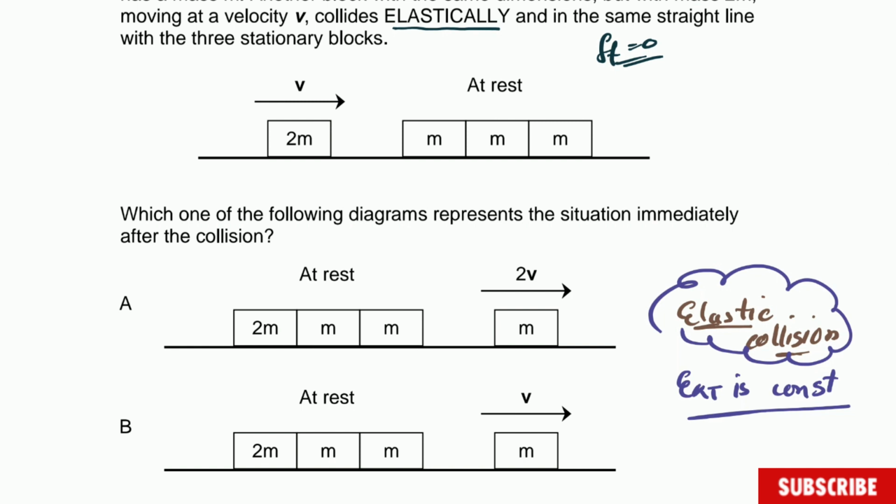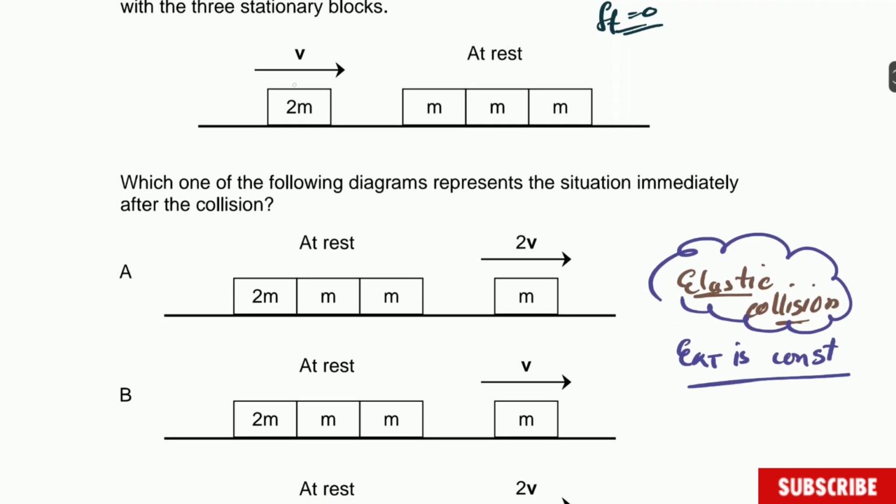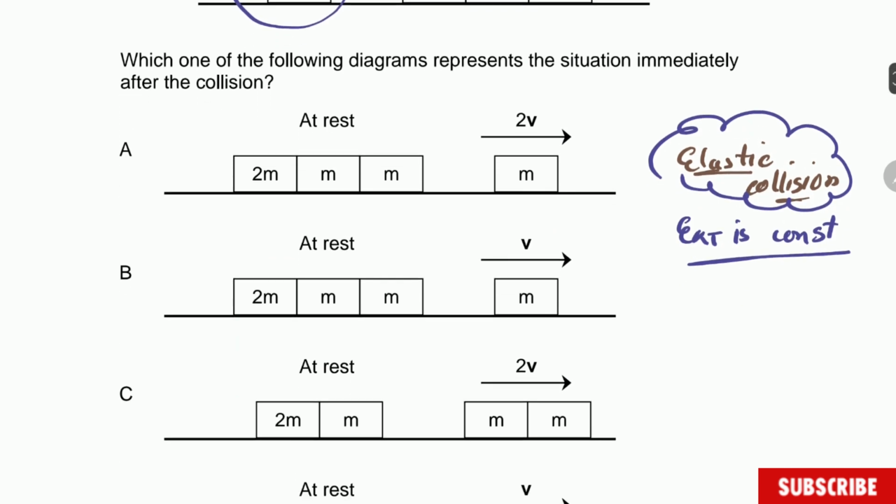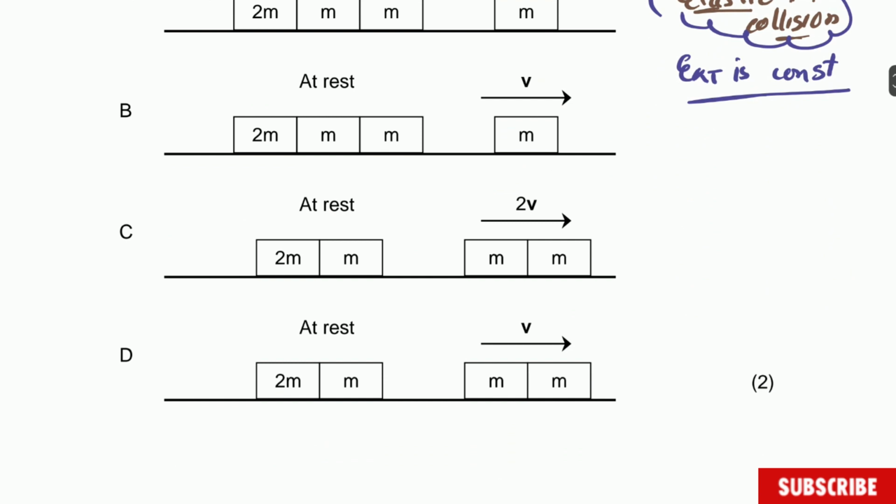So if the two masses are coming from this side initially, to keep all this constant, when it bounces and stays at rest there, that means that two of these objects must move out with the same velocity as that one there. So the correct answer will be the second one. D is the correct answer here.